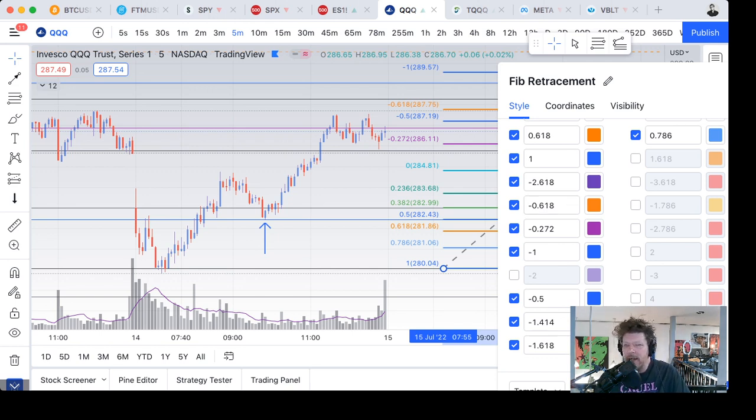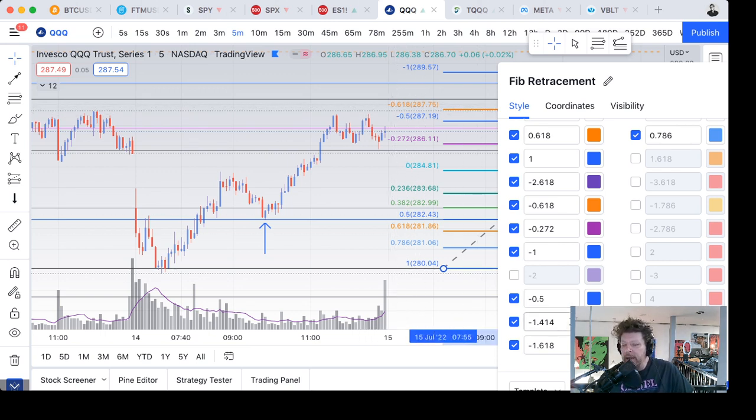It sounds so complicated, but it's really not. There are only 3 or 4 that I really like to use, which is 1.272, marked by the minus 0.272, 1.5, which is marked by the minus 0.5, and then minus 0.618.